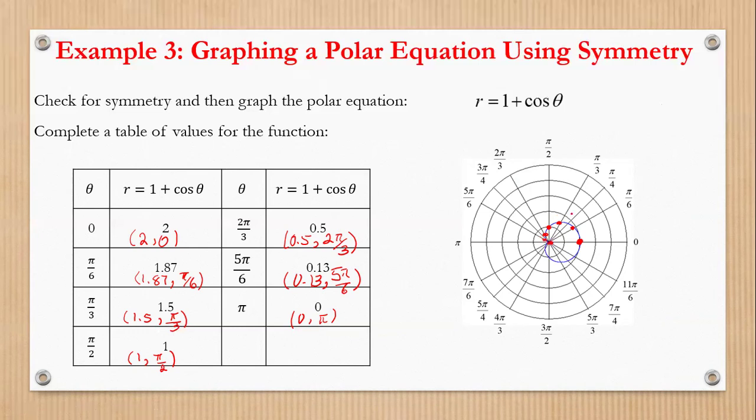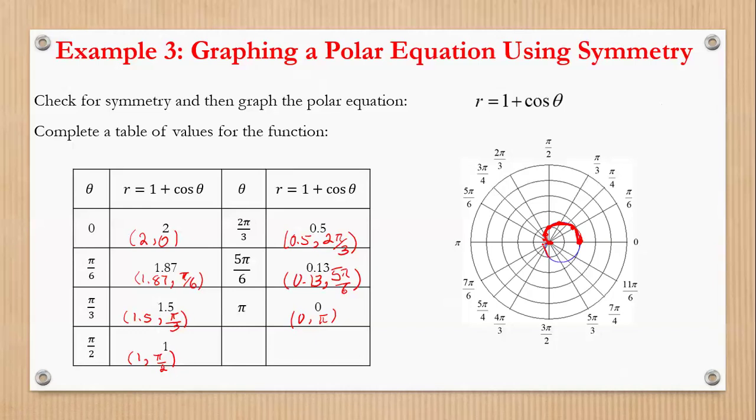And you see the points are only giving you the top part of the graph. If you find the points and connect them to each other, you only get this part. But that's not the whole graph, because we know that this equation is symmetric about the polar axis, or the x-axis. So that means we will have the same as the top under this line as well.